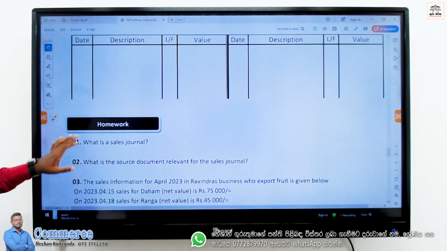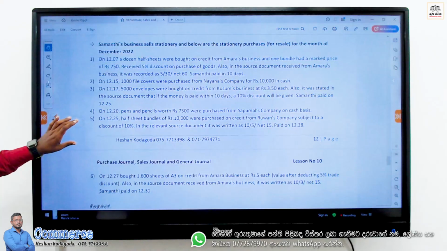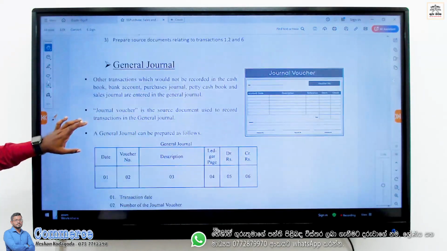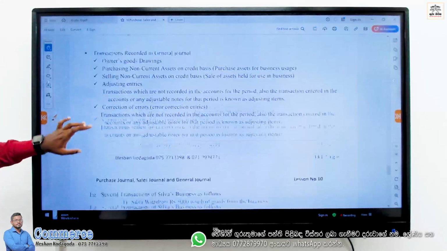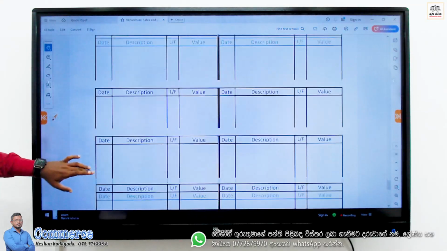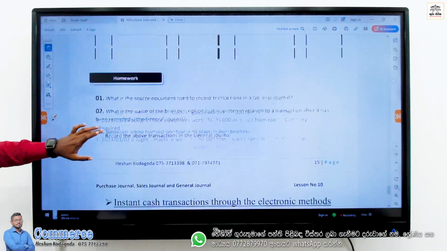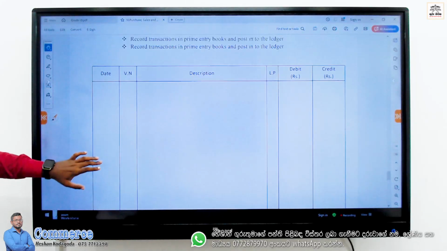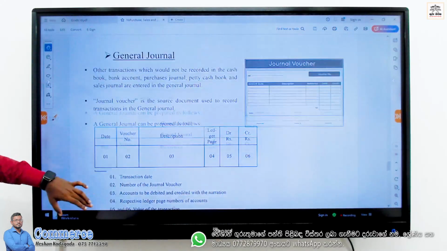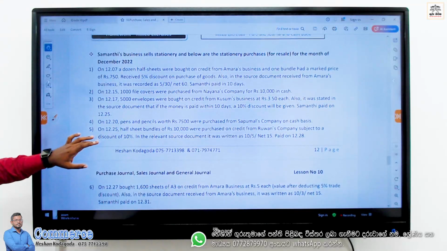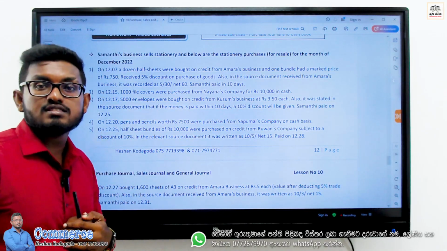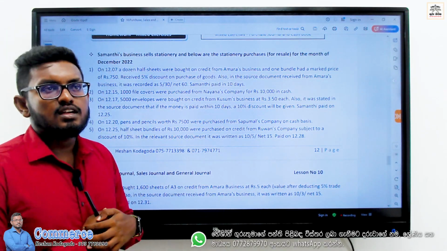Homework means homeworks. And there's a mixed exercise. We'll do it later, I'll do it all in one day, next week. Try the mixed exercise too. Okay guys? Understand?